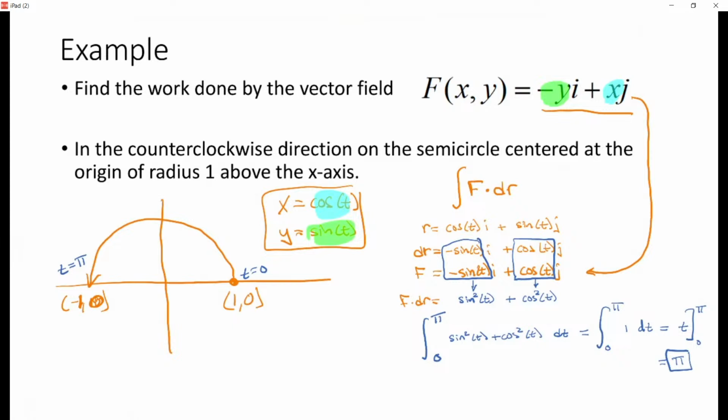So the vector field is helping you out here. If it's a magnetic field or a gravity field or whatever it is, whatever's happening along this path, you're being helped by the vector field. And here's how much you're helped, pi. If this was a negative number, it would mean you're going against the wind. You're being hindered.